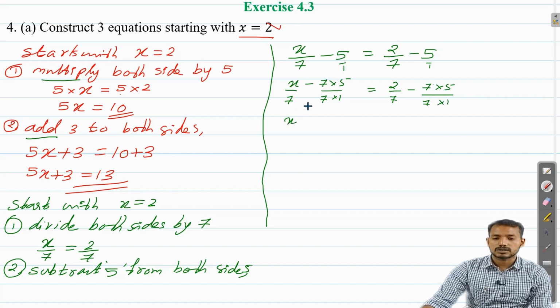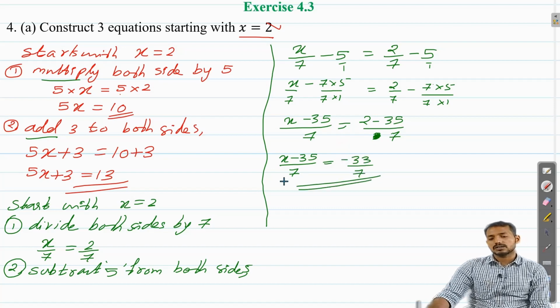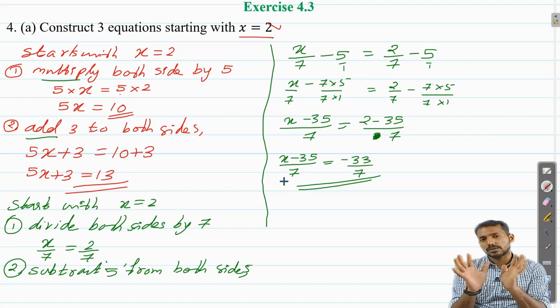So we will get x minus 7 into 5 is 35 divided by 7, which is equal to 2 minus 35 divided by, sorry, 7. So x minus 35 divided by 7 is equal to 2 minus 35 is minus 33 divided by 7. This is the equation. Similarly, you will get infinitely many equations.